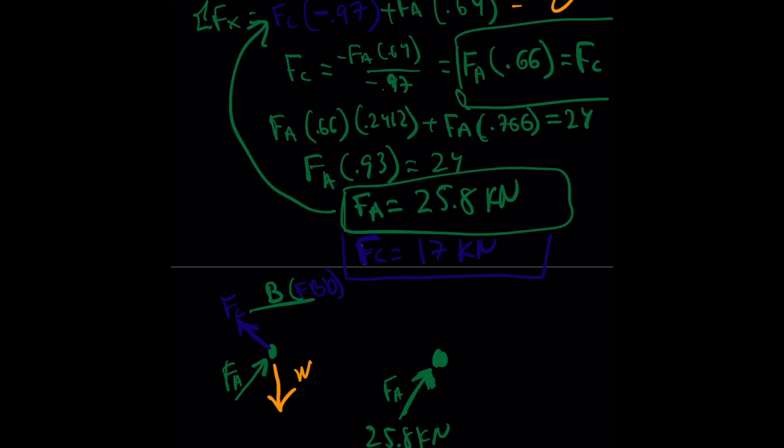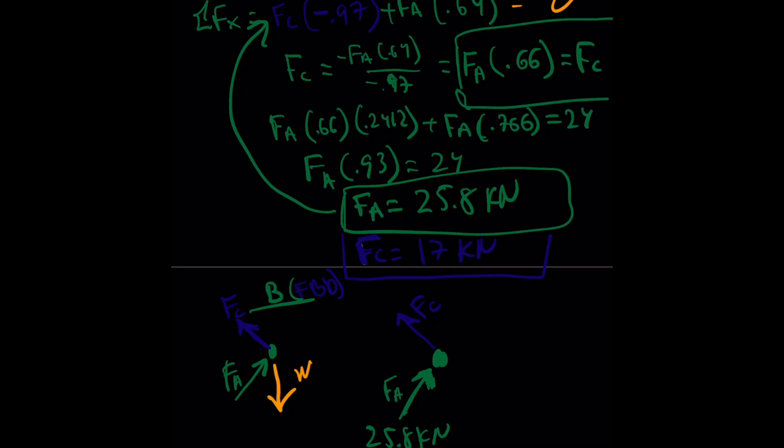And then when we have another case like this one, FC here, again we confirm the direction of the force because it was a positive result. That's how we know that our initial assumption was correct.